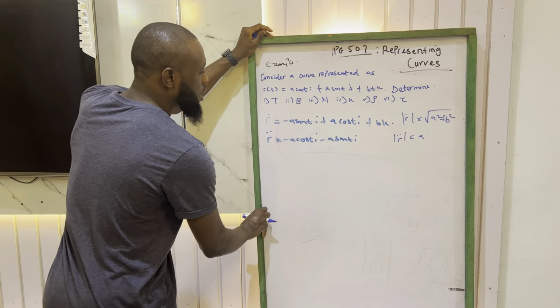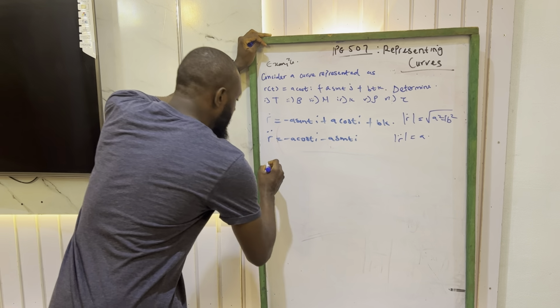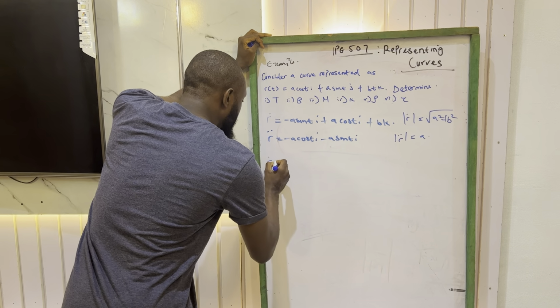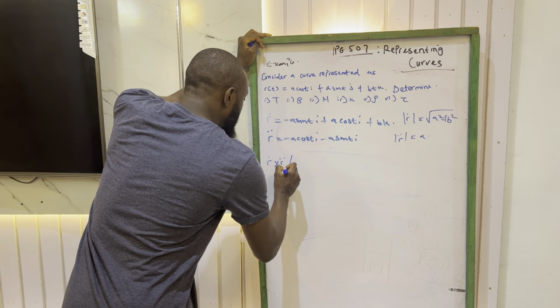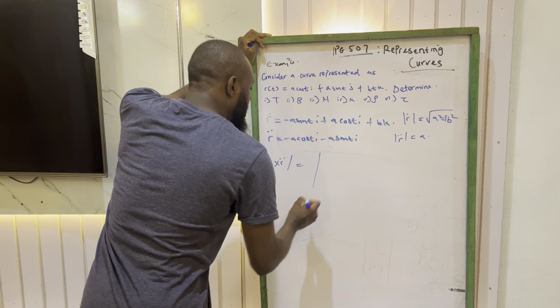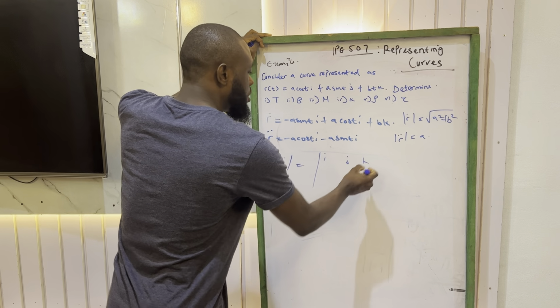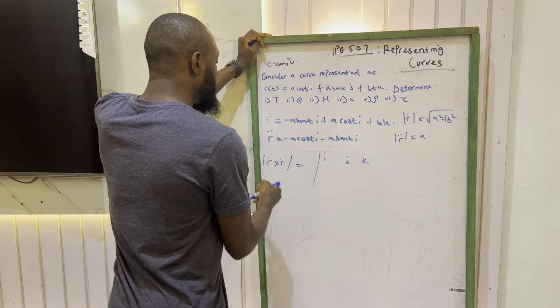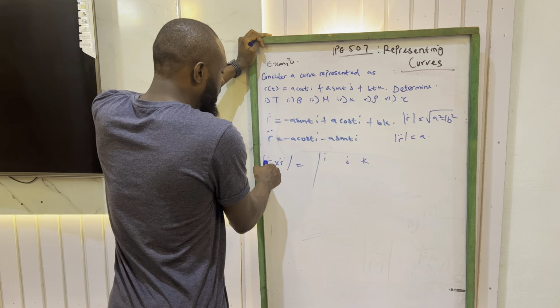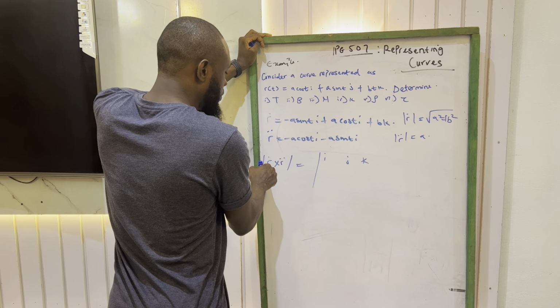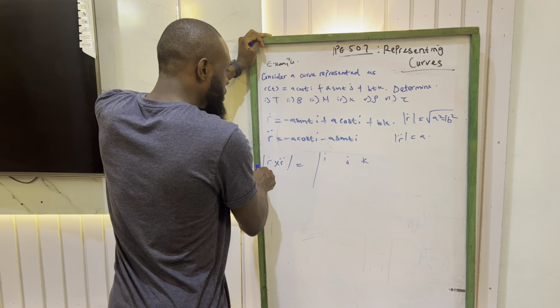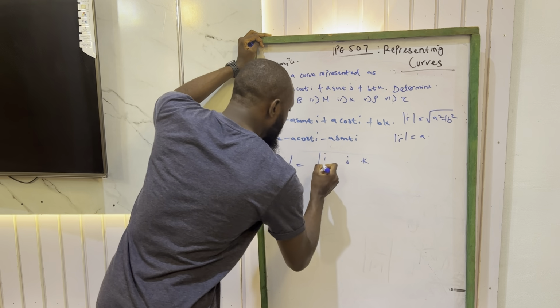Alright, so let's start with evaluating r dot cross r dot dot. So we have our matrix in this manner. We have i, j, k. That's our first row. And the second row are the elements of r dot, not r dot dot. So r dot is what?